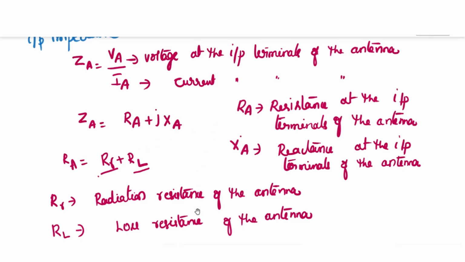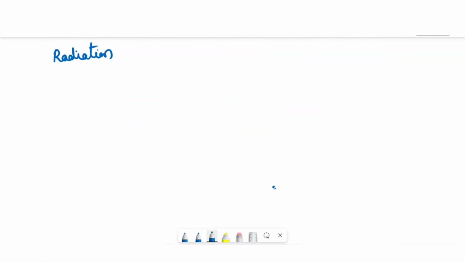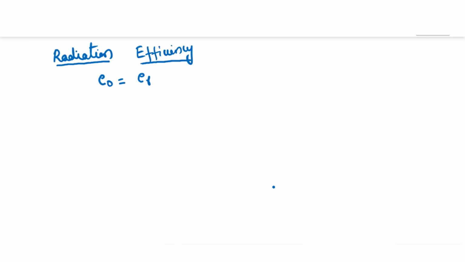Now we'll move to the radiation efficiency. The antenna efficiency concept, I told that the antenna efficiency E0 is ER, EC, ED. So what is ER here? Reflection efficiency.